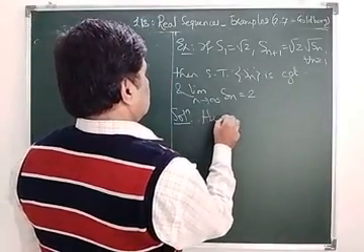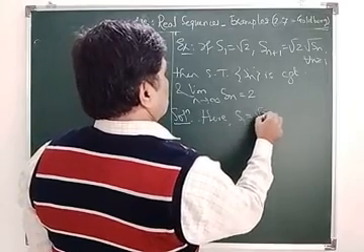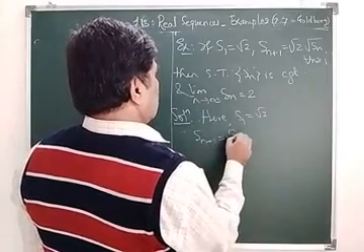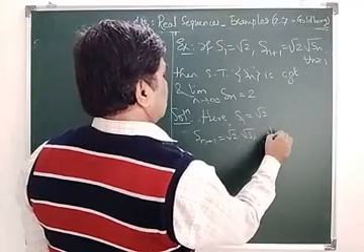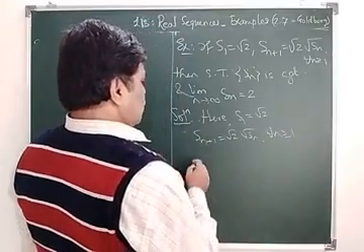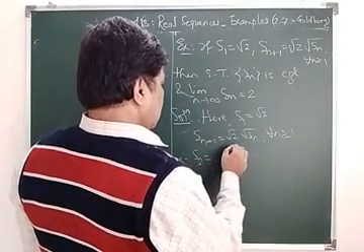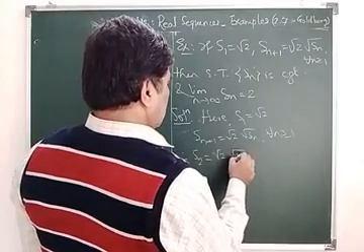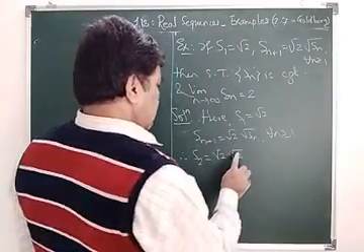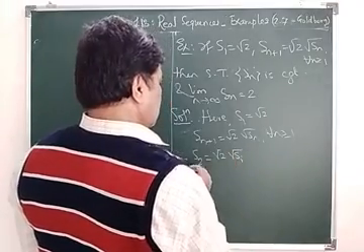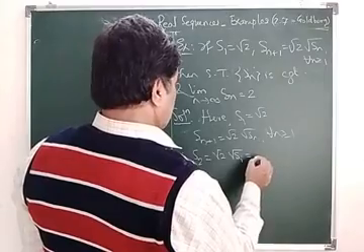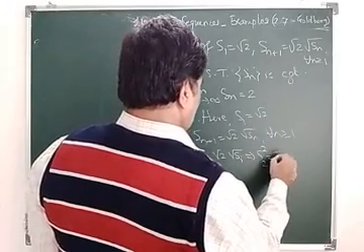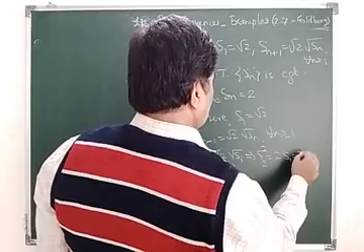Solution. Here S1 is equal to root 2, and Sn plus 1 is equal to root 2 into root Sn for every n greater or equal 1. So S2 is nothing but root 2 into root of root 2, this is your S1, which implies S2 square is equal to 2 times S1, is equal to 2 times root 2.